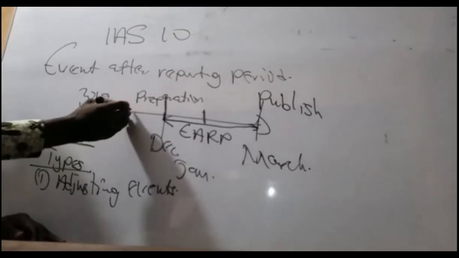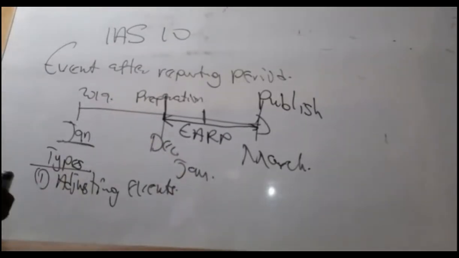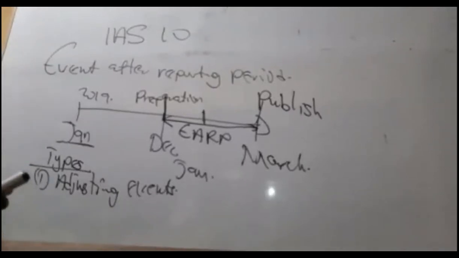Maybe you signed a deal on December 1st, and they promise you that they will deliver these goods to you before the year end. You receive the waybill and all the documents about the goods, just that the goods themselves have not arrived.